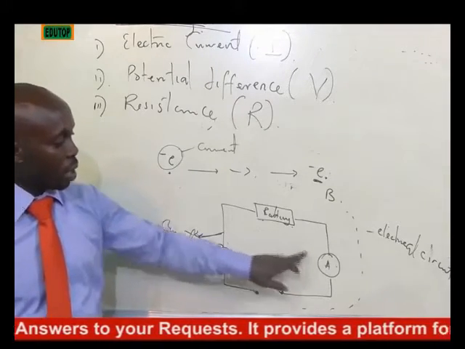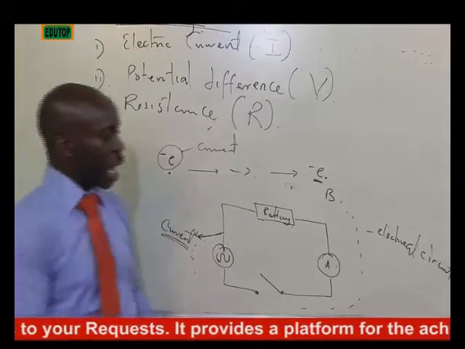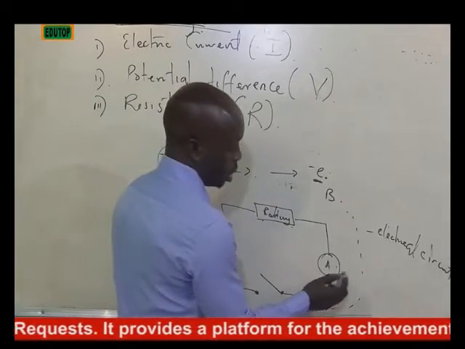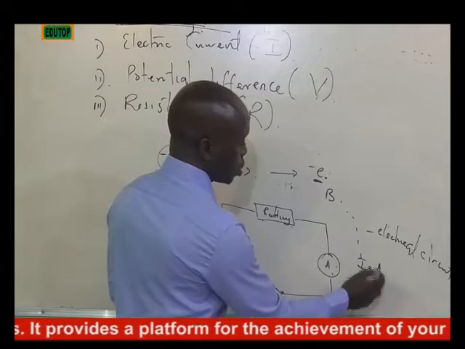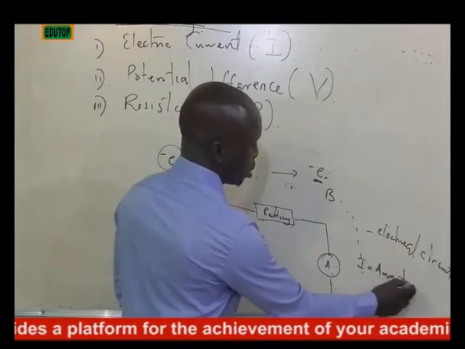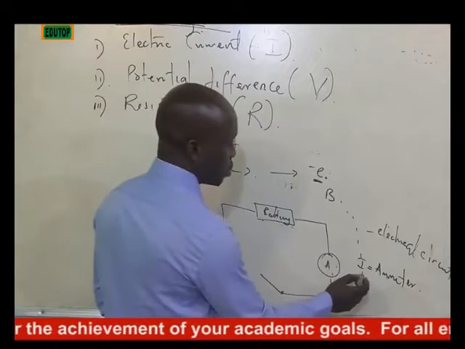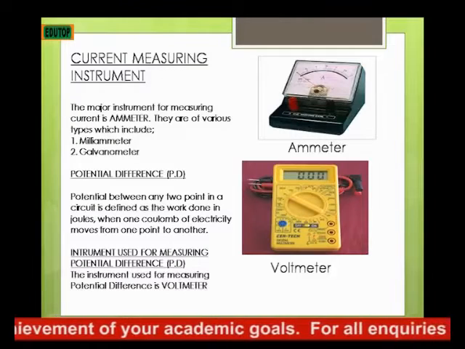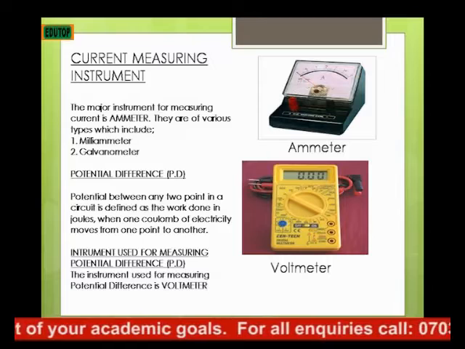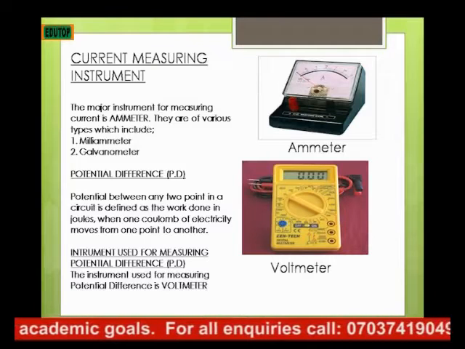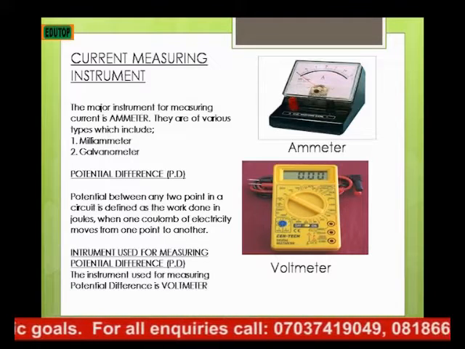You must measure your current, which is measured by your ammeter. This is your A. So current is measured with an ammeter. You also must measure your EMF. That's your E. Your EMF is measured with your voltmeter. And you have your resistance.